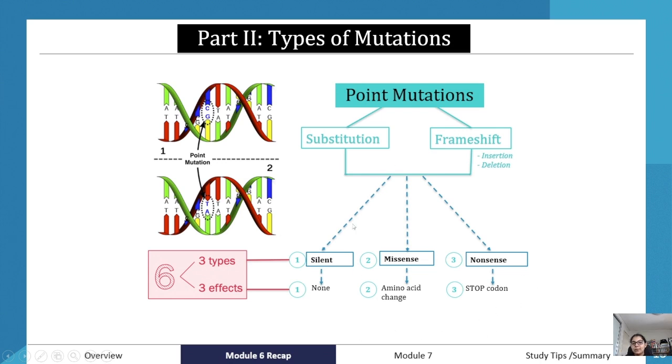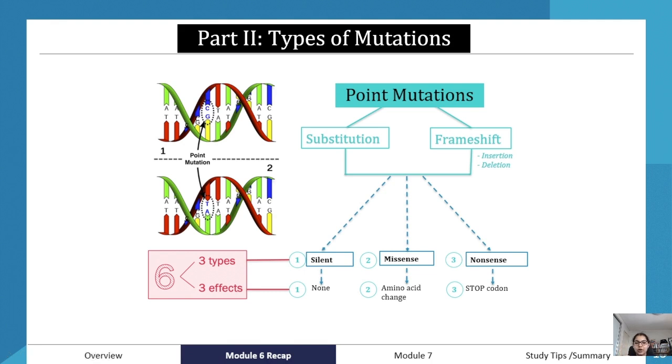So the three types are, they can be silent mutations. So silent mutations is when there is no effect on the codon, on the DNA. So there's no effect, it's silent. The second is missense, which is when we see a change in the amino acid because the codons have been disturbed.